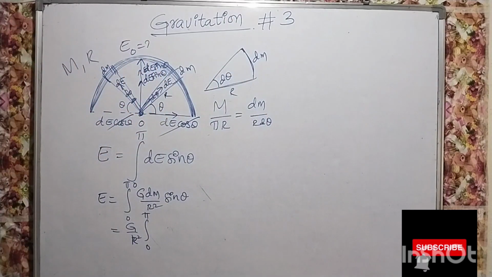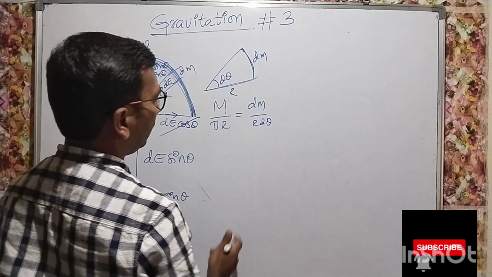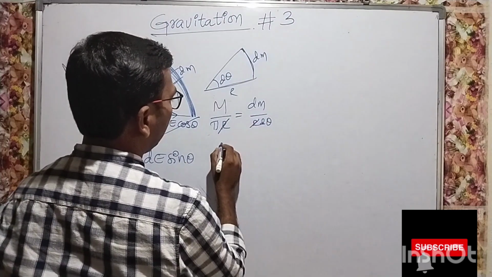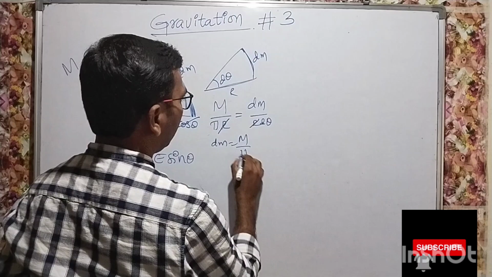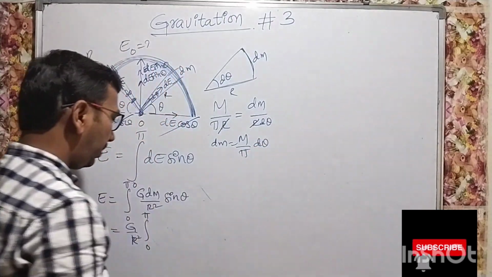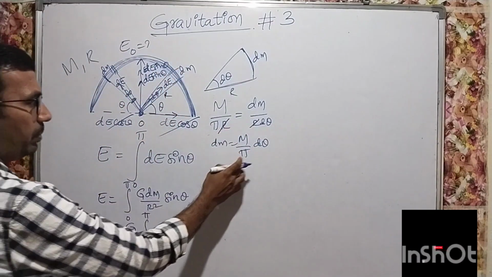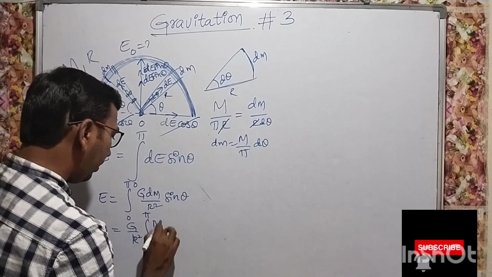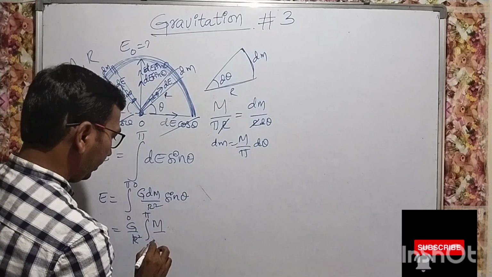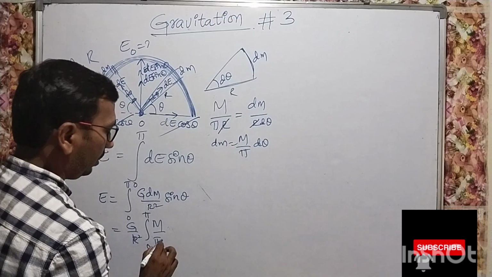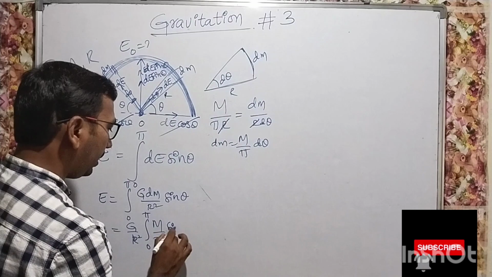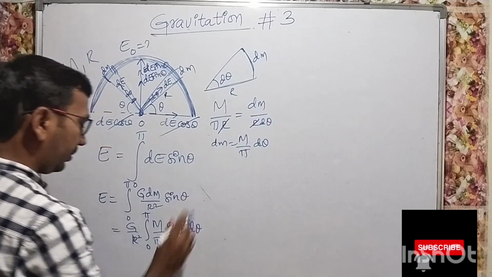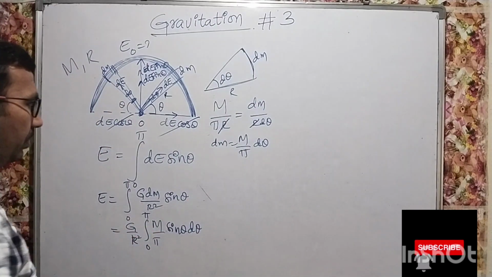So the r cancels, and dm is equal to capital M by pi d theta. So in place of dm you write capital M by pi d theta, times sin theta d theta. M by pi is also a constant.